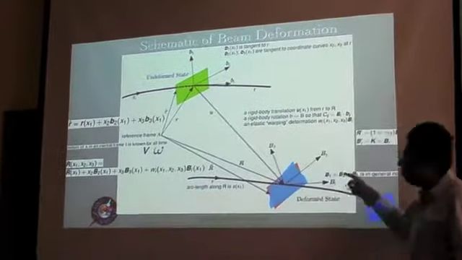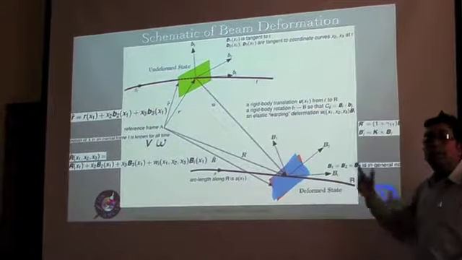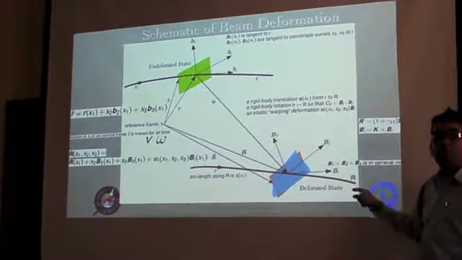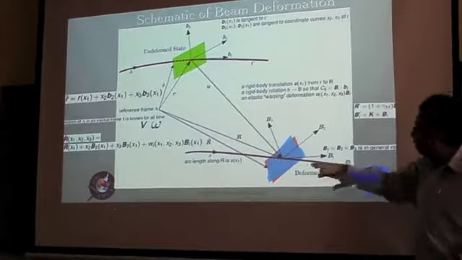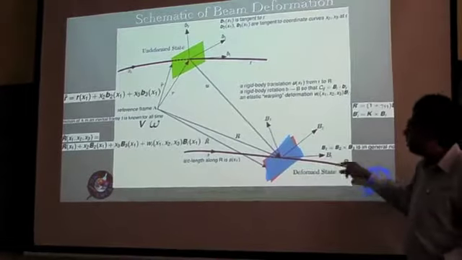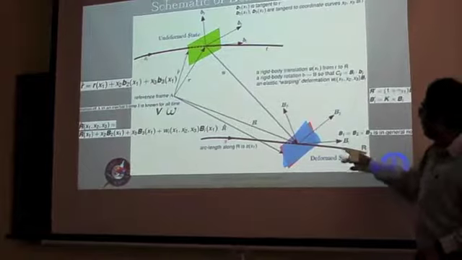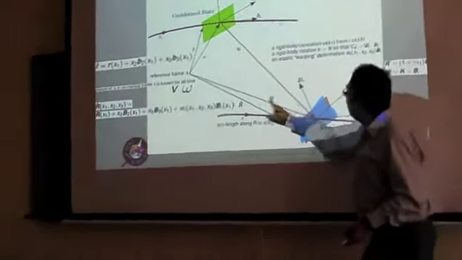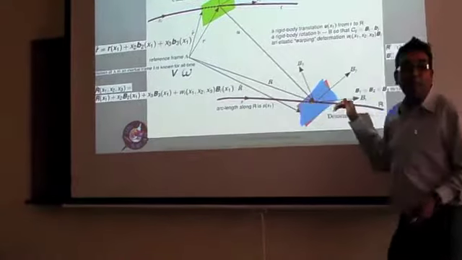But here, even if the transverse shear was 0, in other words, B1 is tangential to this, still, if you take capital R prime, that is derivative of R with respect to x1, then you will not get a unit vector. Because remember the arc length is S. On the other hand, if you take the derivative of this vector R with respect to S, then you will get a unit vector.